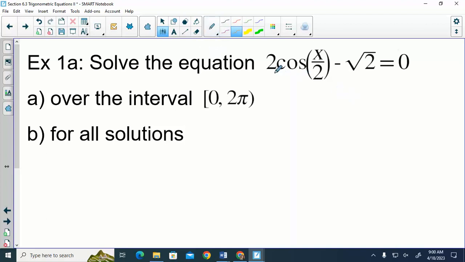So if I wanted you to solve this just like before, we have to get the cosine by itself. So what would we do? And then, okay, we're still not going to worry about the fact that this angle is different.